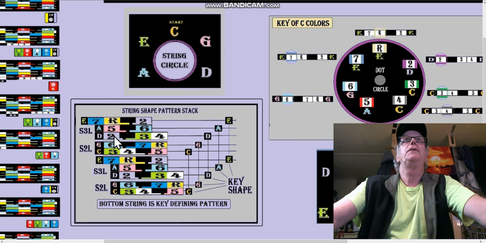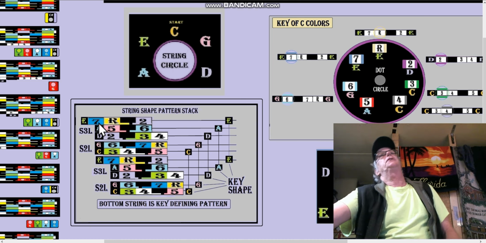The fourth of D is G, root 7, 6. The fourth of G is C, 5, 4, 3. Now watch this. The fourth of C is F, but it's a diminished fourth because of the tuning peculiarities in the guitar. So it's 5, 4, 3 goes to 2 root 7. So that's what I wanted to mention.